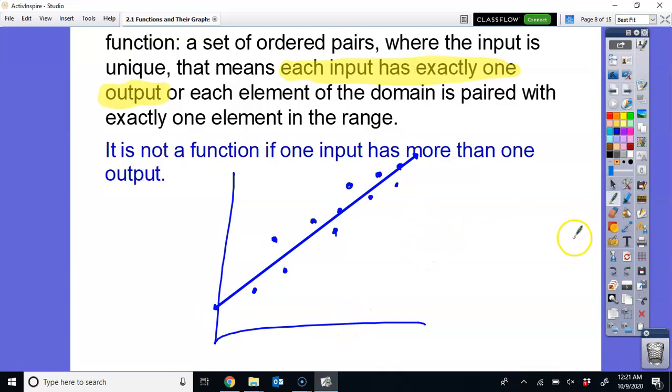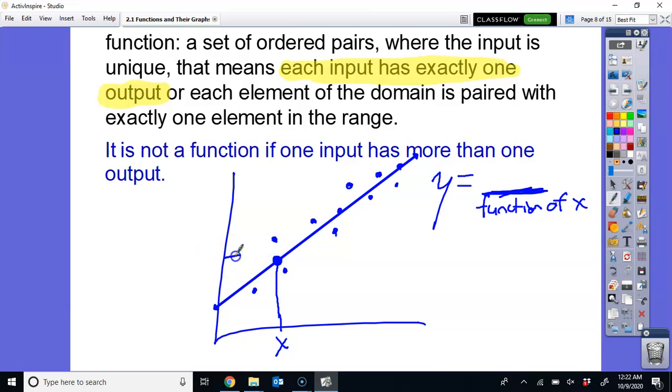That's what we call a best fitting line. And there is a direct relationship of y equals something with x over here. We call that a function of x. Meaning if I plug in an x value, I'm going to get the corresponding y value here by doing some mathematics, some operations to x.